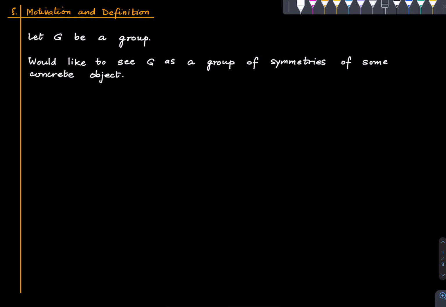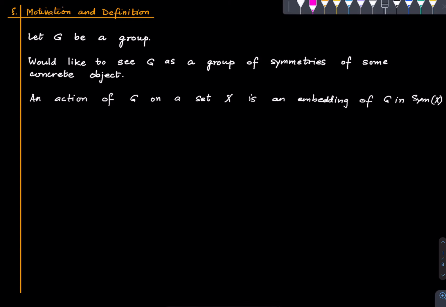So we may define, it's not the final definition, an action of G on a set X is an embedding of G in Sym(X).